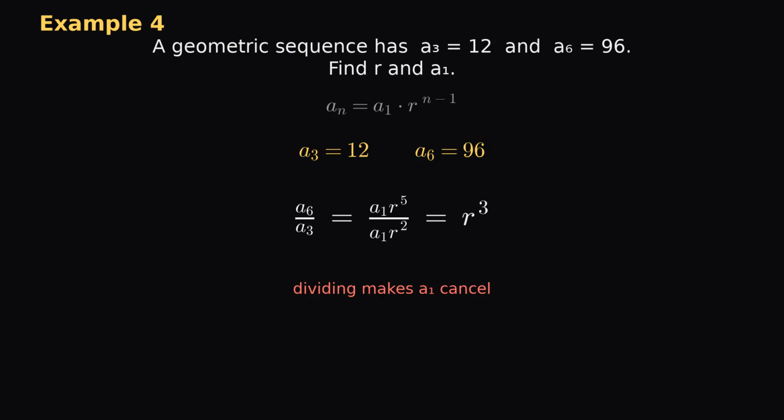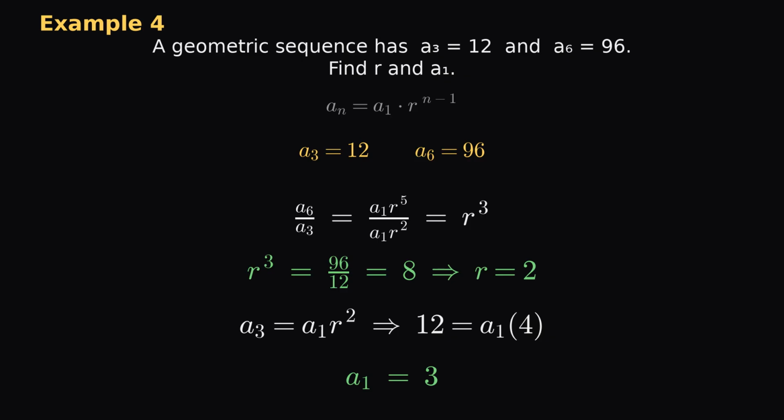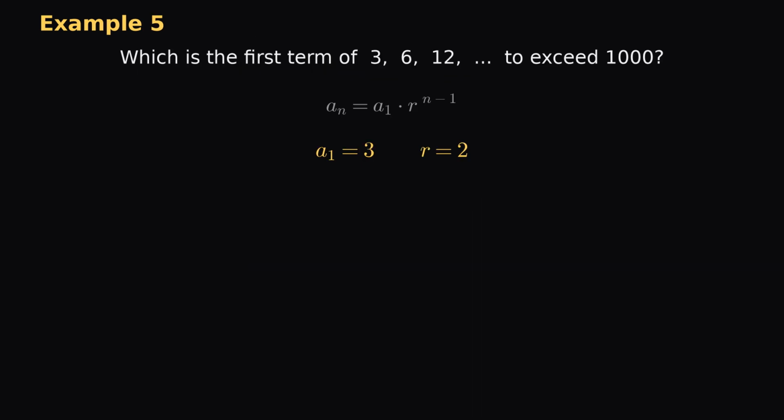And on the formula side, everything cancels except r cubed. So r cubed equals 8, which means r is 2. Now go back. a3 equals a1 times r squared. 12 equals a1 times 4. So a1 is 3.